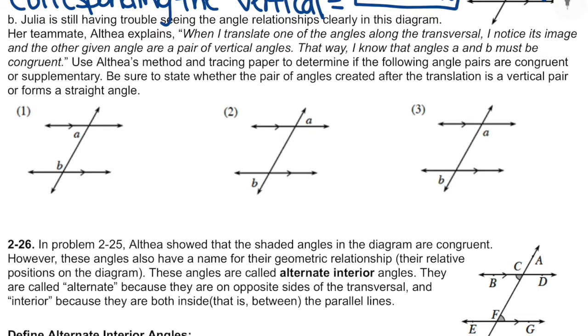Use Althea's method in tracing paper. Determine if the following angle pairs are congruent or supplementary. Be sure to state whether the pair of angles created after the translation is a vertical pair or forms a straight angle. So you should have already taken out tracing paper, but take a few seconds to get that taken care of. I'll give you a couple seconds to find some, and then we'll do it.